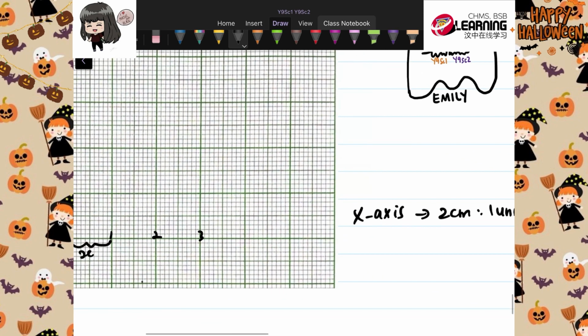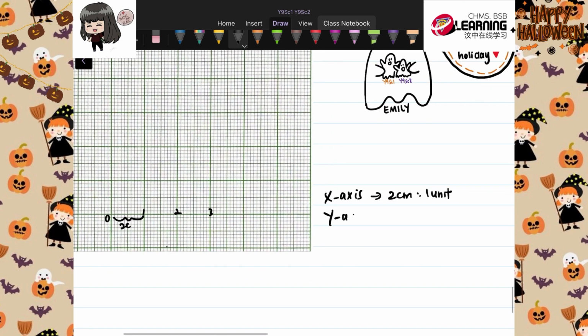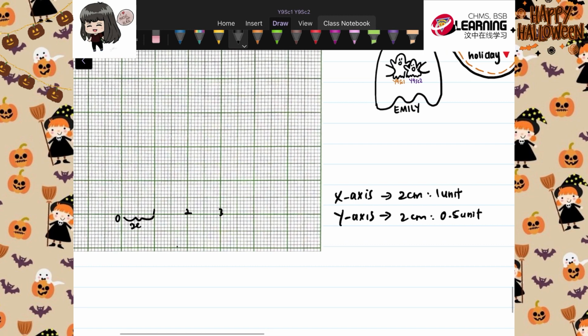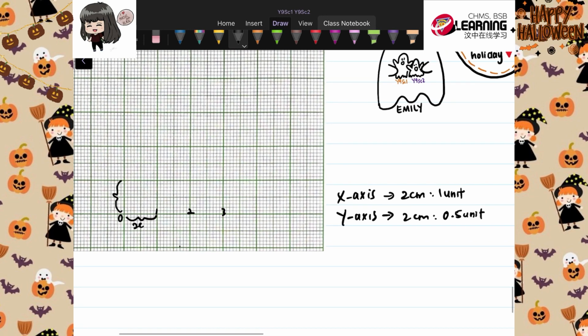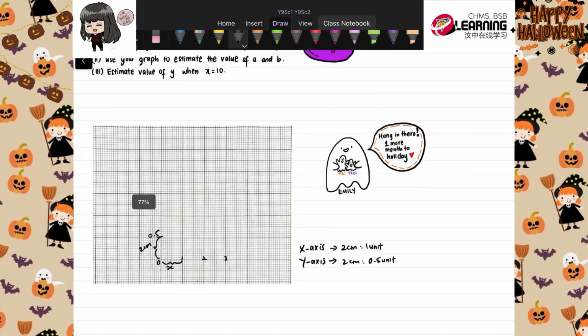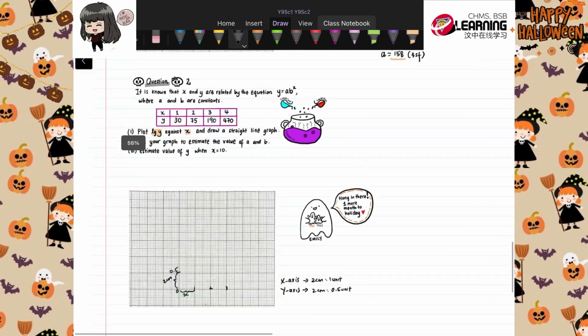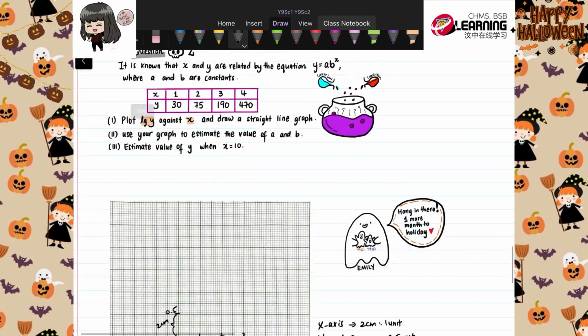On your y-axis, 2 cm to 0.5 unit. Like this, this is 2 cm, so it's 0.5, 0.5. Okay, so just follow the scale that I give you.